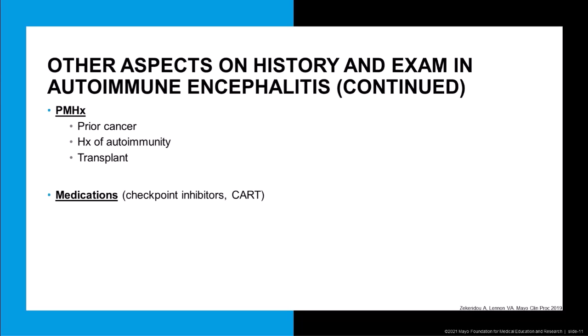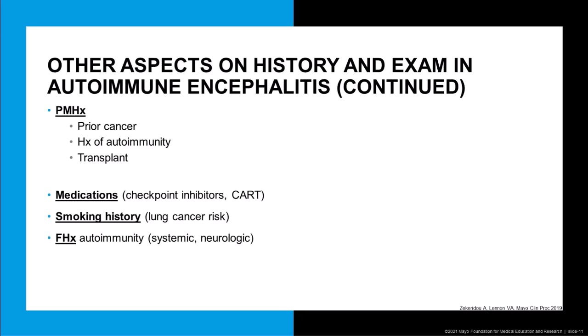Medications are important. Immune checkpoint inhibitors, Dr. Zakaridu, I know, has talked about some of the CNS complications to us before associated with immune checkpoint inhibitors, and CAR T treatment can be associated with somewhat of a cytokine storm, and that can be important in the evaluation of presumed autoimmune encephalitis. We ask about smoking because we're interested in if patients might have small cell lung cancer.